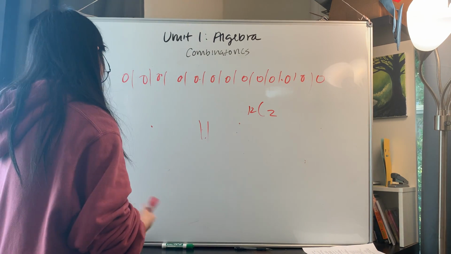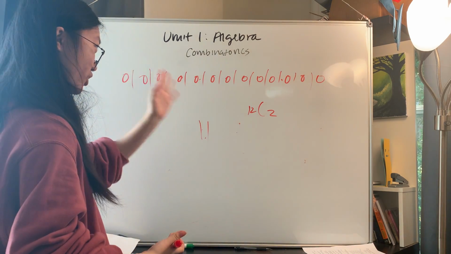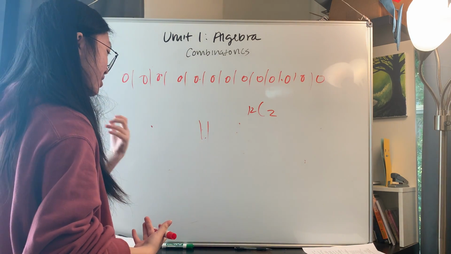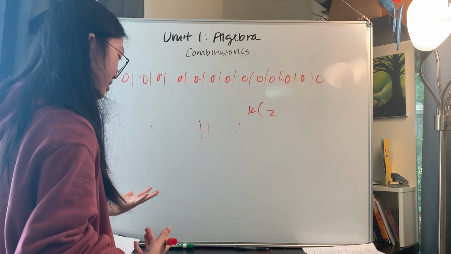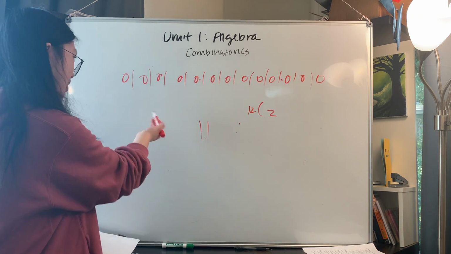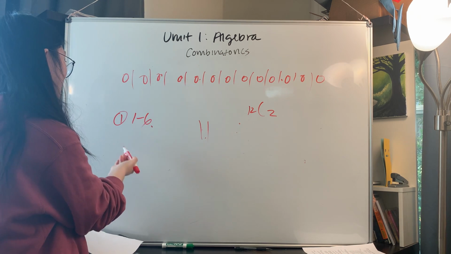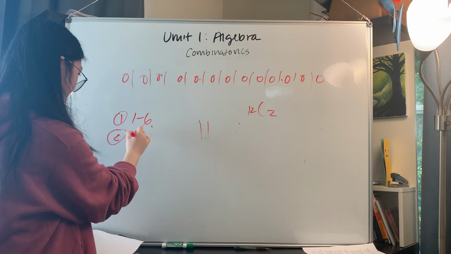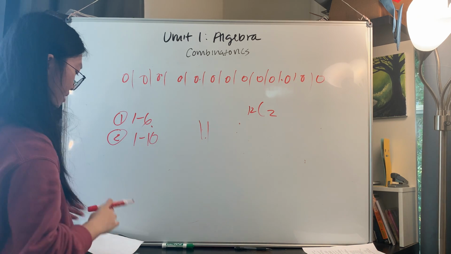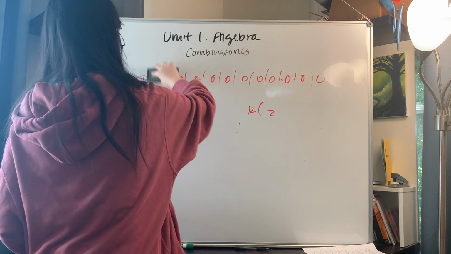But the problem with this straightforward method is that we also have another limitation. Before, the number had to be between 1 to 6, right? In this case, the number is between 1 to 10. So what that means is that certain situations are not possible.